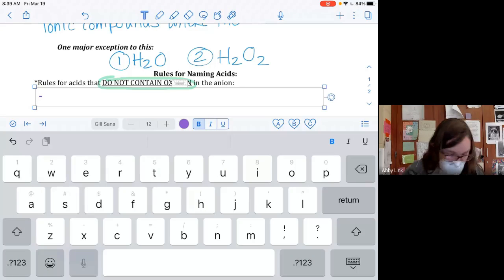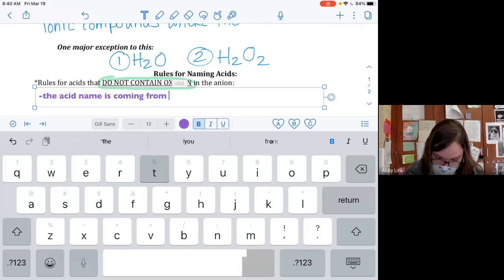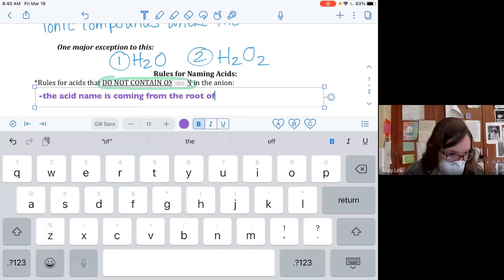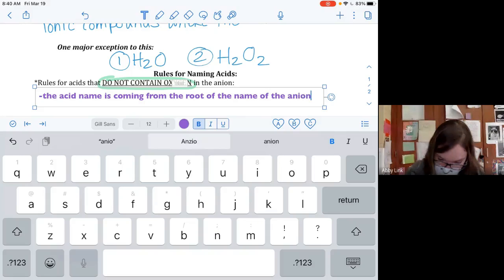So the acid name is coming from the root of the name of the anion.